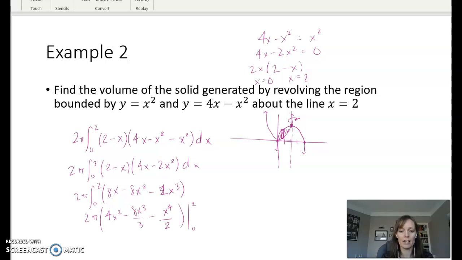And that gets evaluated from 0 to 2. So when I plug in 2, I get 16 minus 64 over 3 minus 8. When I plug in 0, I'm just going to get 0. And then here I have 8 minus 64 over 3.